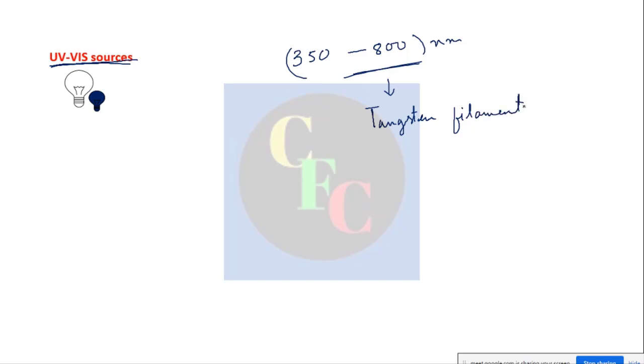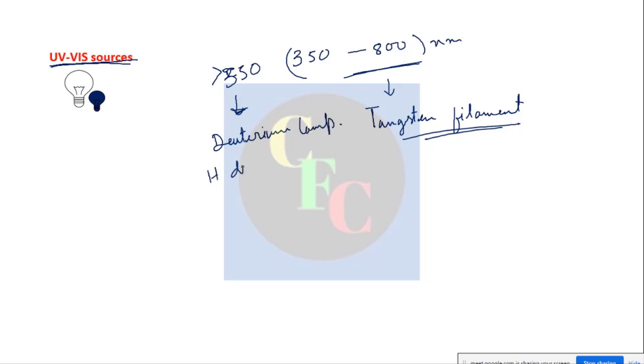But for UV sources, something less than 350, up to 180 or 190 nanometer, you need to use a deuterium discharge lamp, or a hydrogen discharge lamp.